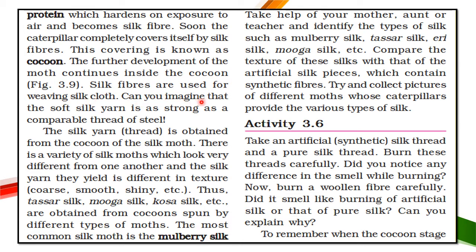Can you imagine, the soft silk yarn is as strong as a comparable thread of steel? The silk yarn thread is obtained from the cocoon of the silk moth. Please underline.